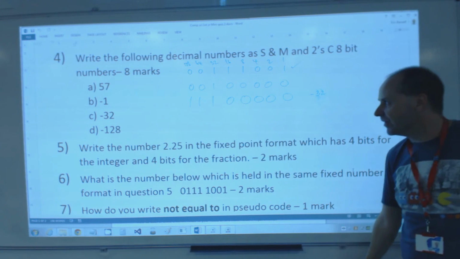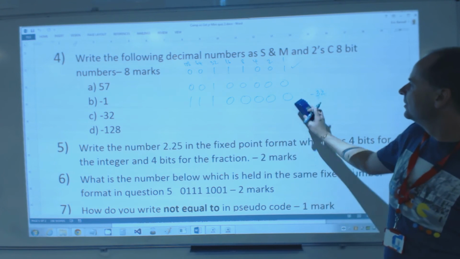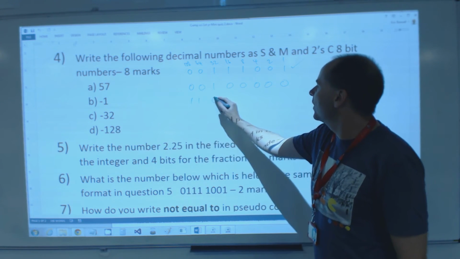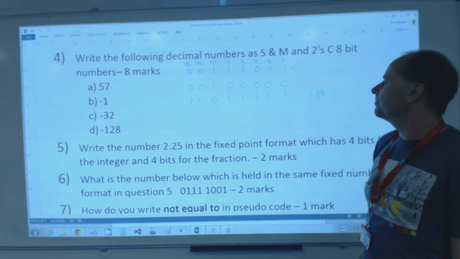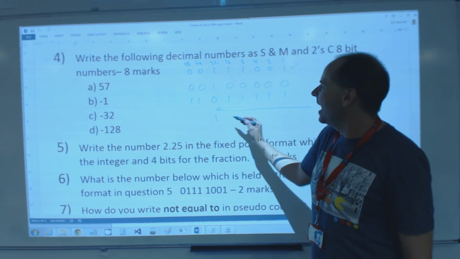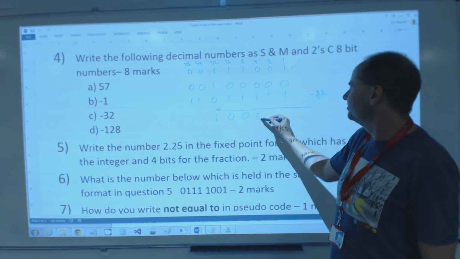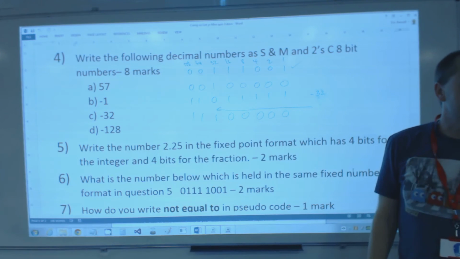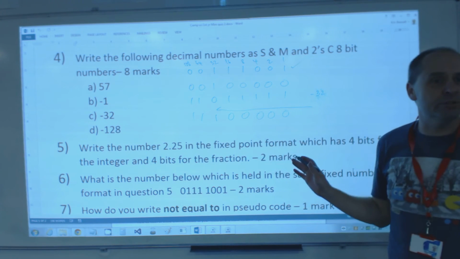Let me just prove it by doing the flip and add normal. So I can say flip, flip, flip, flip, flip, flip, flip, flip. Look for the first 0, make it a 1. Everything you went past, you make a 0. So that's the answer. Whichever method works best for you.